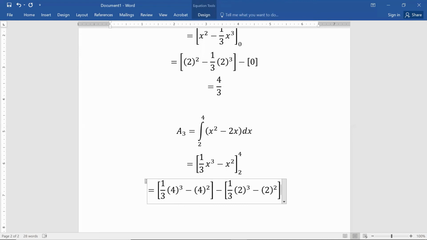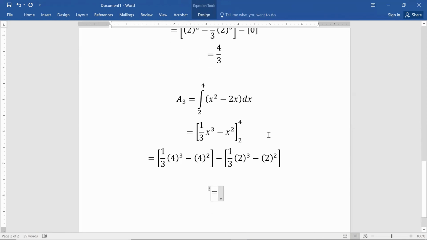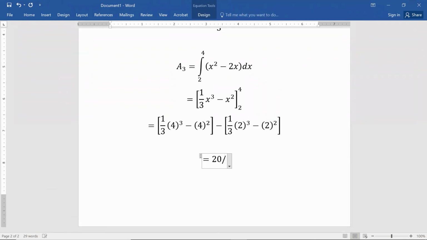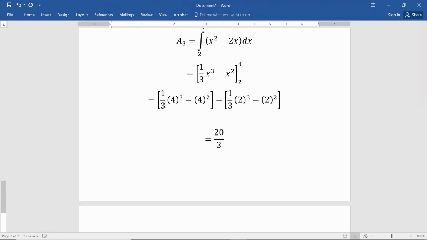I'm going to type that in on my calculator in one big step. I got 6 2/3, which as an improper fraction is 20/3.